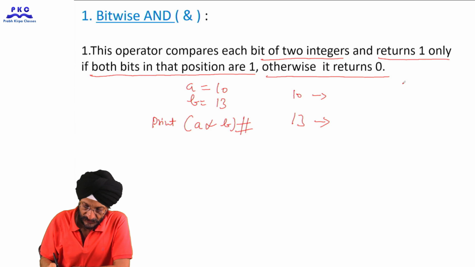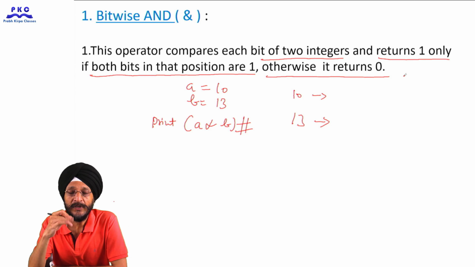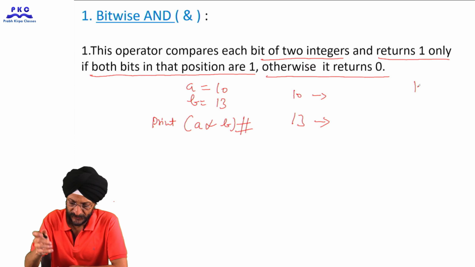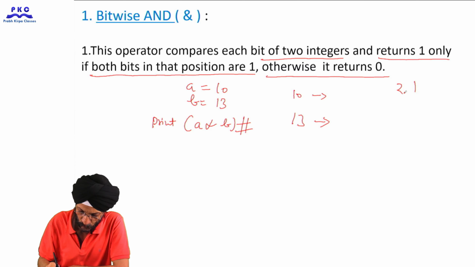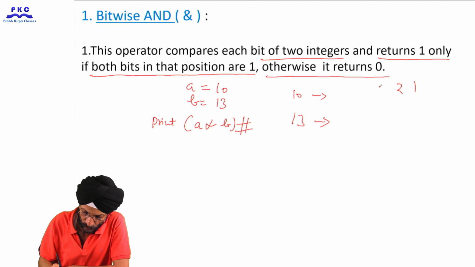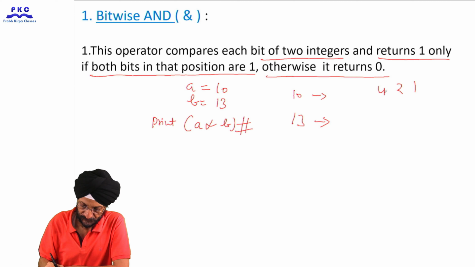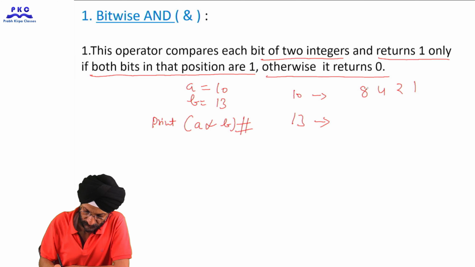As already told, to convert a decimal number into a binary number, we will use a formula: starting from the right, writing 1, then multiplying by 2: 2, 2 multiplied by 2 is 4, 4 multiplied by 2 is 8.